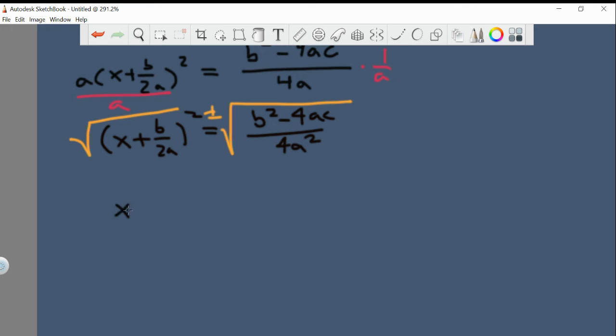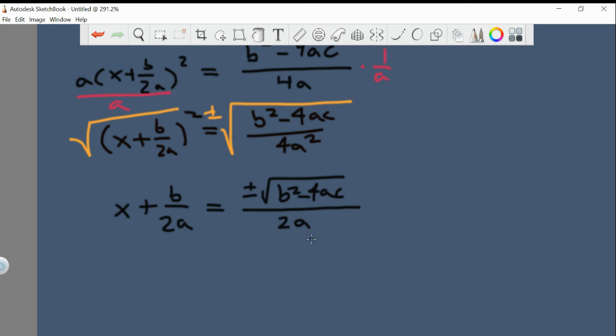And so now we've got x plus b over 2a is equal to that plus or minus square root b squared minus 4ac. But on the bottom, we could square root this stuff. It's not in the square root anymore. 4 was square rooted and it became 2. A squared was square rooted and it became a.